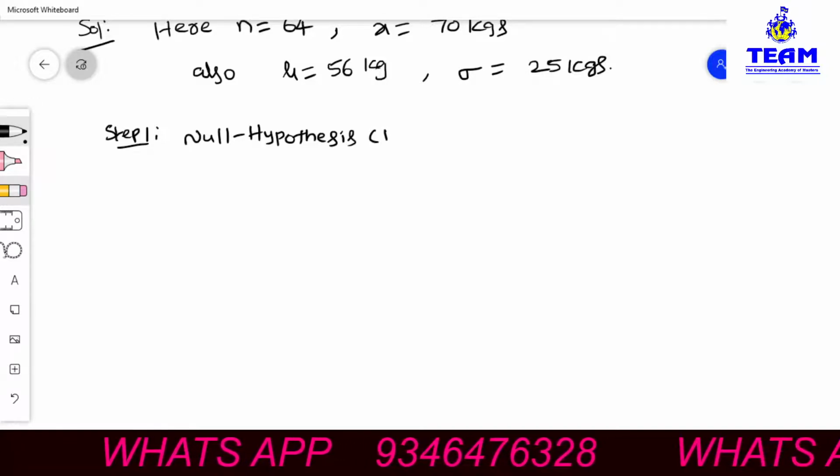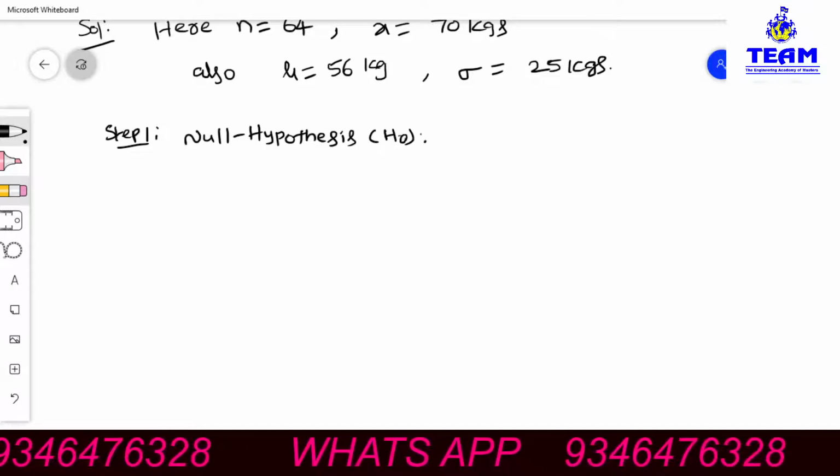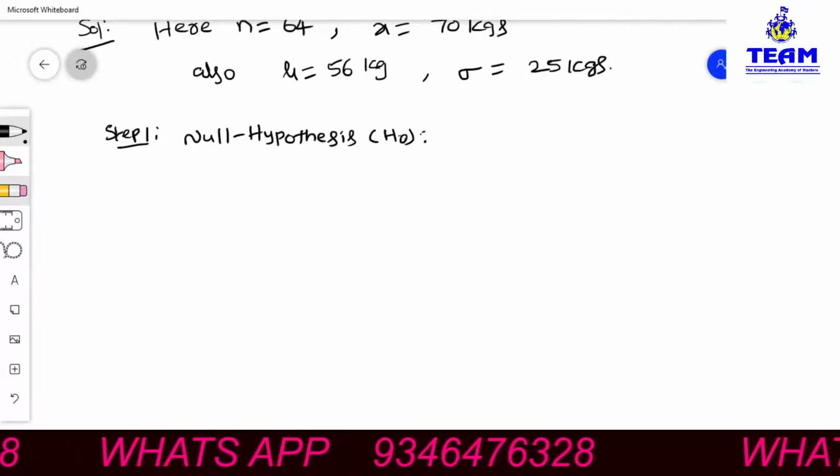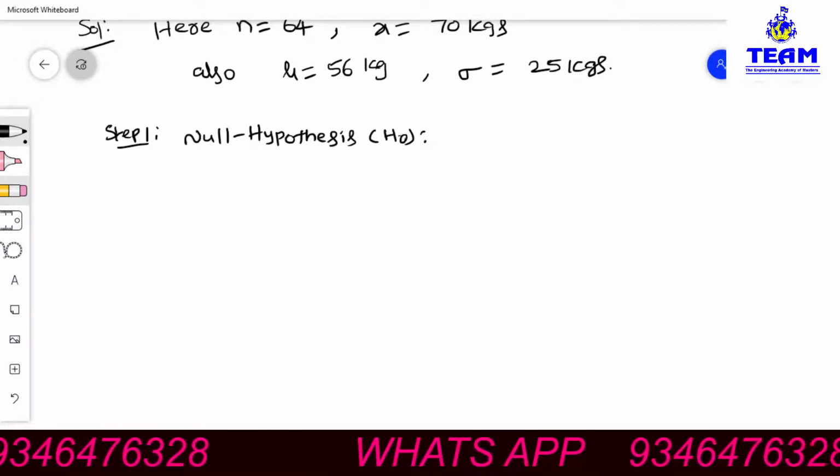Generally the null hypothesis is represented with H naught or H0, and is taken as the given information as it is.